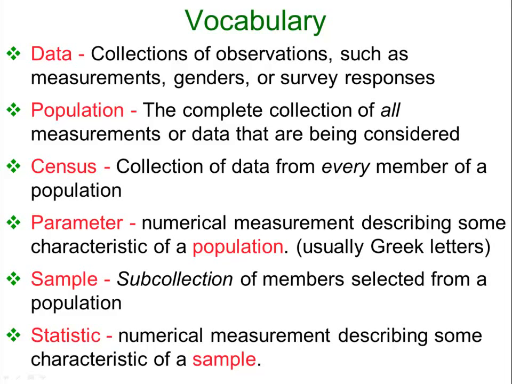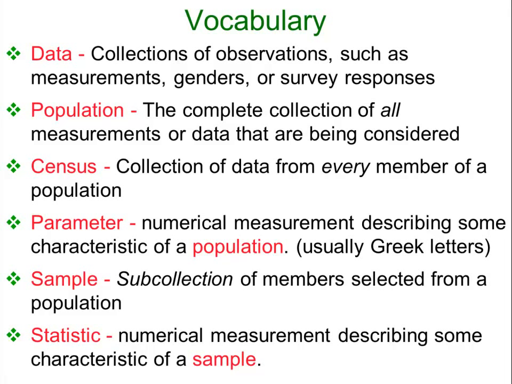A parameter is any kind of numerical measurement that describes the population. So the mean, the standard deviation, those types of things, if it's based on the entire population, it's called a parameter. If it's based on just the sample, it's a statistic. And when we use parameters, we normally have Greek letters. And when we have statistics, we normally have Latin symbols.